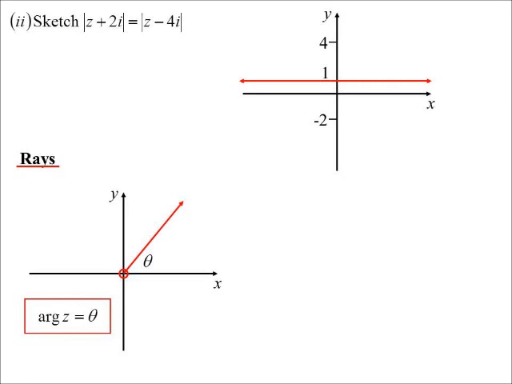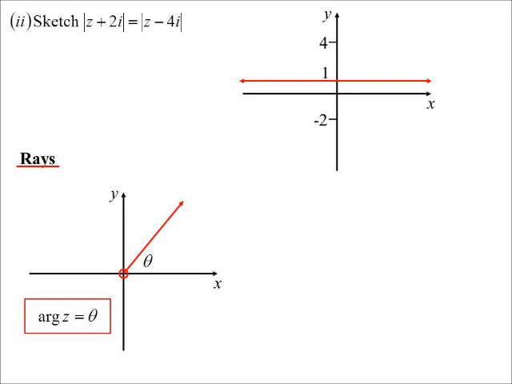If we made the vector, because that is the vector for every point on that line, if you like, it's always going to make theta. But you notice I've circled the starting point. And the reason for that is, if I'm going to define this as the argument of z is equal to theta, the starting point doesn't have an argument because I haven't started drawing the line yet, or the ray.